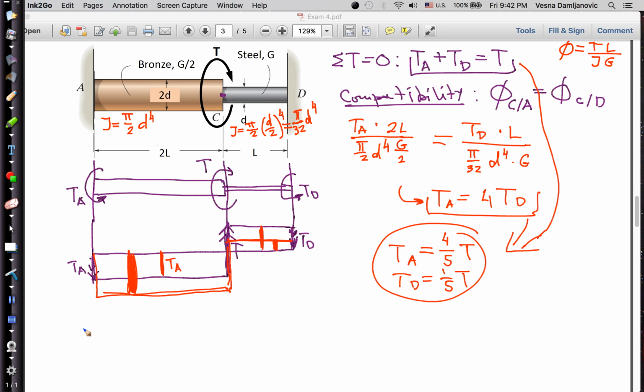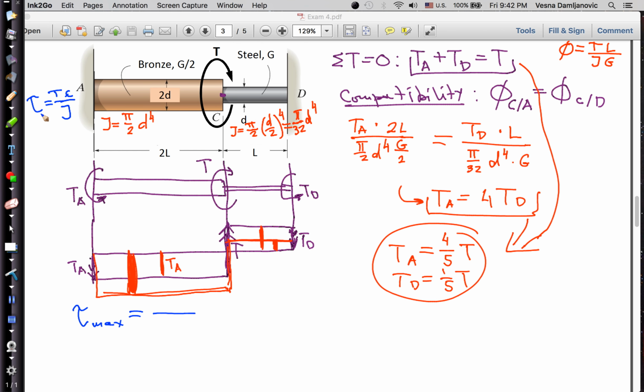So what does it mean? We need to write this tau max in terms of, everybody knows the formula, which goes something like this. I'll write it here. Tau is equal to T C, little c, over J, okay?